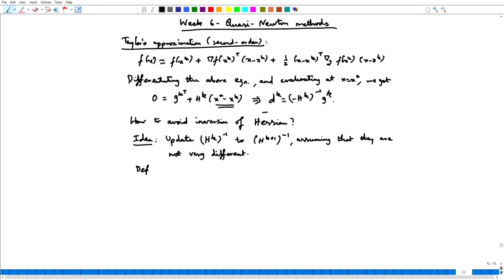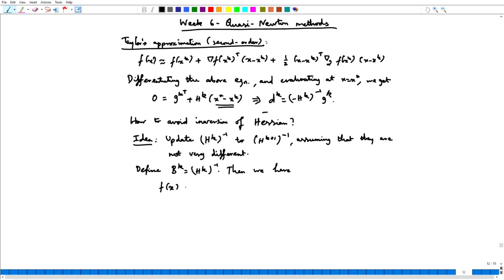So, now let us define B k as H k inverse, okay. So, then we have, so I am just writing this second order approximation, the equation at the top again using this equation.